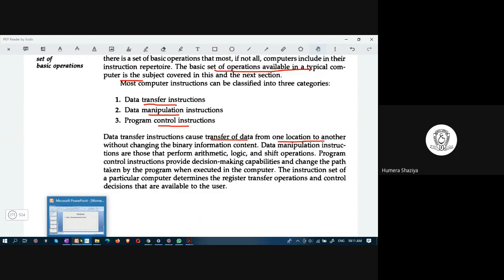Is there any such instruction? Anyone is willing to try? Like MOV, we also have some other instructions that can transfer data from memory to accumulator, accumulator to memory.